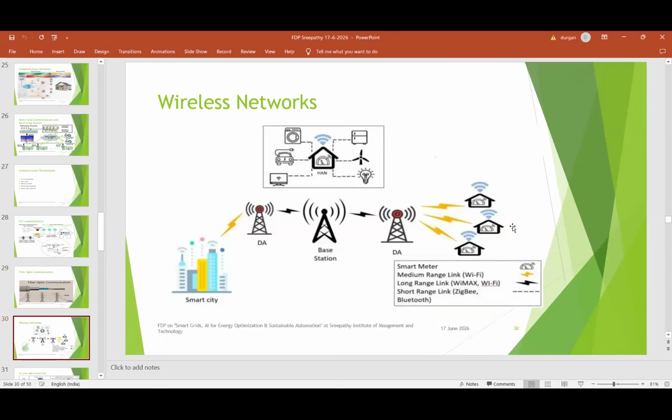Then the wireless networks. Here this is the structure of the wireless networks. It has technologies like Wi-Fi, Zigbee, WiMAX, Bluetooth, or cellular networks, and it is widely used in smart grids.